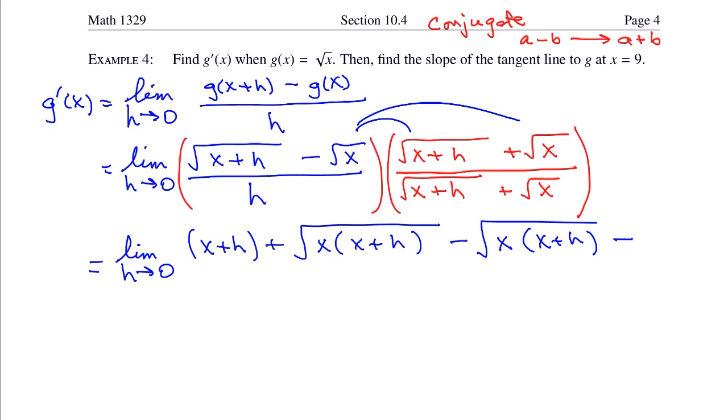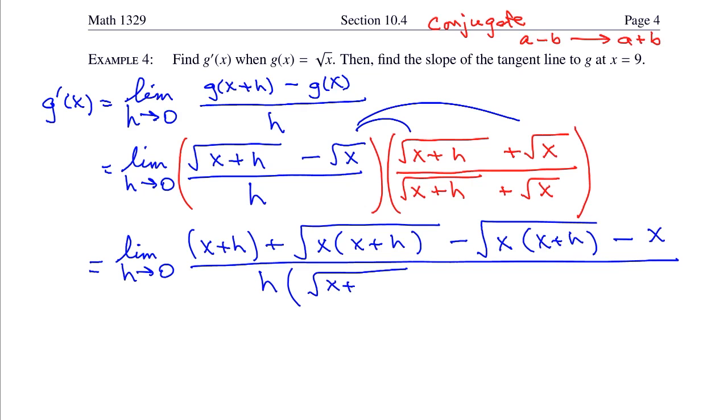That is minus x. All that is over h times the square root of x plus h plus the square root of x. And again, we're going to save the bottom. We're not going to multiply that out yet. We'll see what we can get to happen with that.